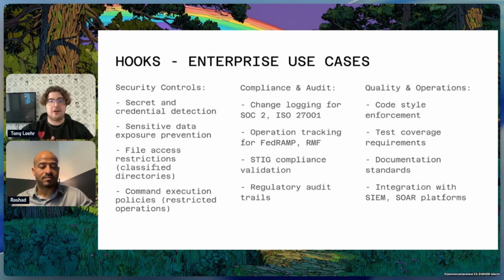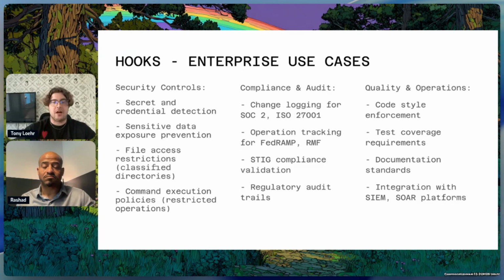For compliance and audit, we create comprehensive change logs for SOC 2 or ISO 27001 certification. We track all operations for FedRAMP or RMF requirements. We validate STIG compliance, or we just maintain regulatory audit trails, key for compliance as well.